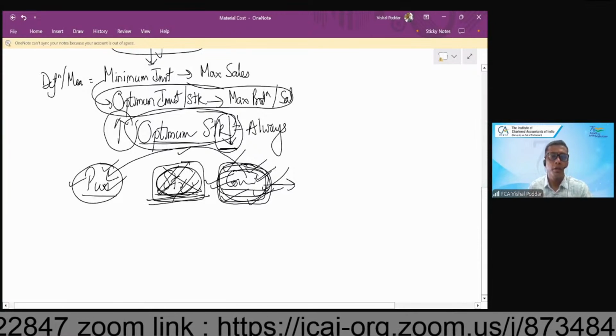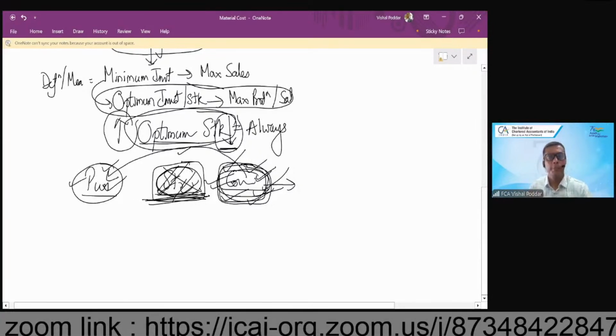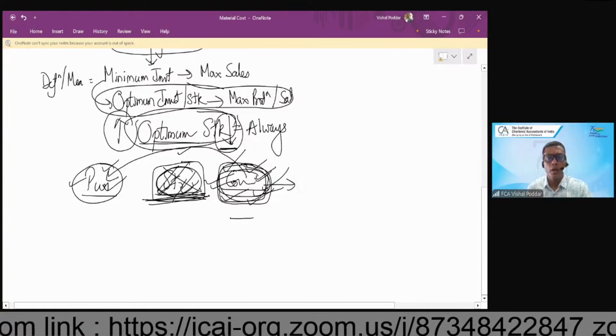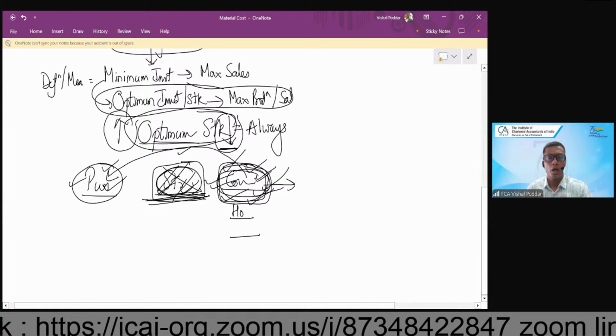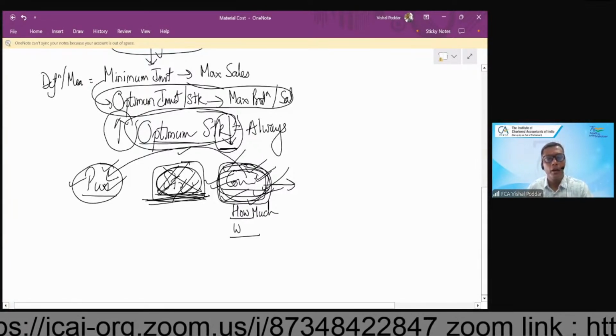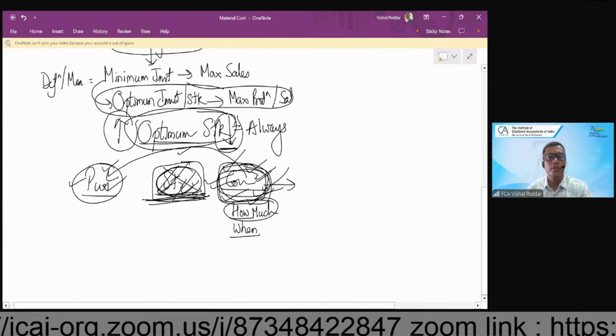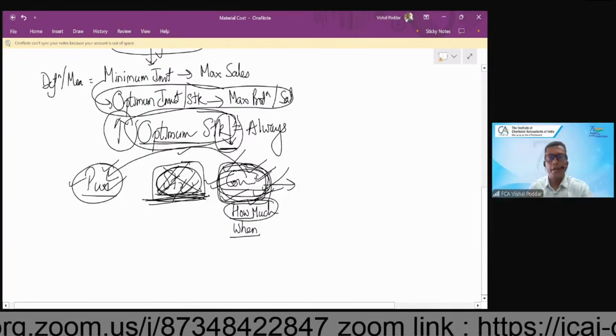Then how to achieve maximum or optimum stock? Not maximum, optimum stock. Simply, I will find out two things about consumption: how much I consume and when this is consumed. How much and when.